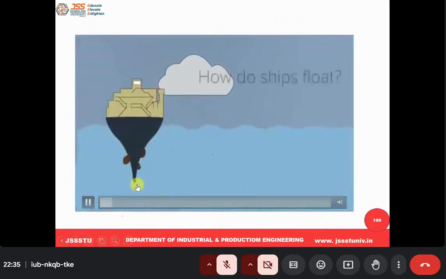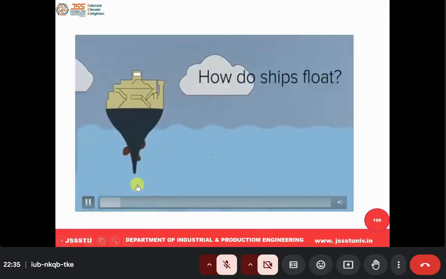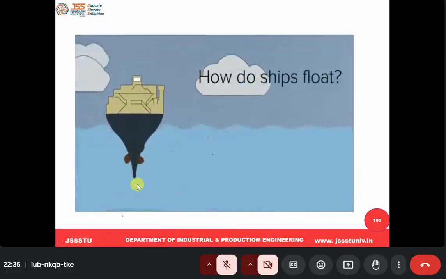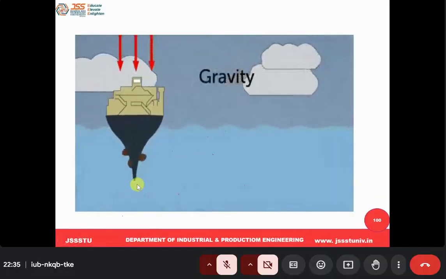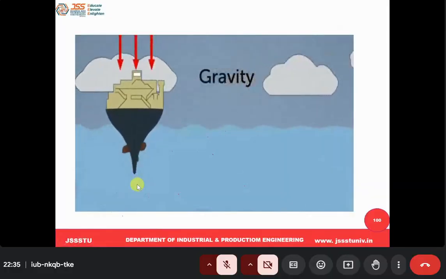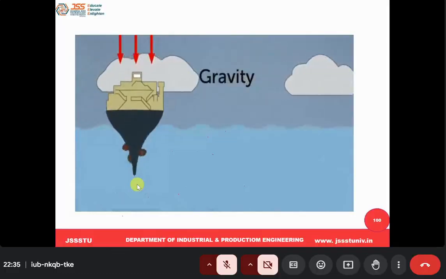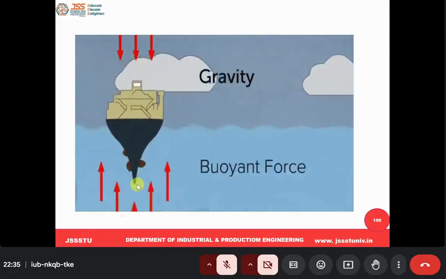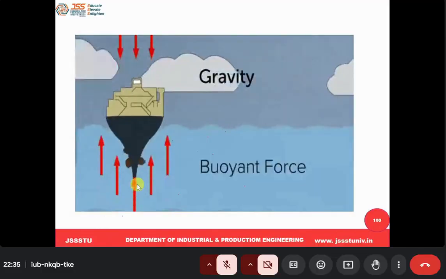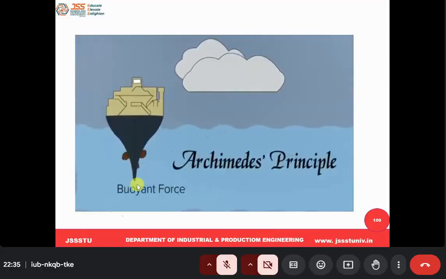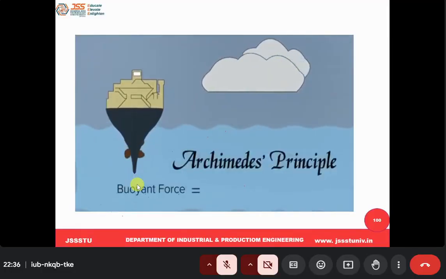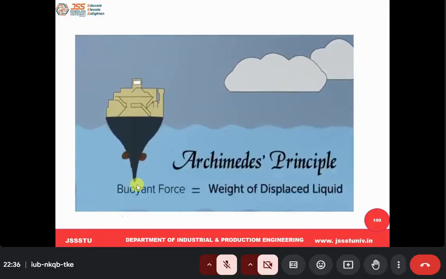Okay, you can see now. How can a ship that weighs a massive amount float in water while small things like pebbles sink? When a ship is in the ocean, gravity is a constant downward force on the ship. But the water that the ship is in has a constant upward force on the ship called buoyant force. Archimedes' principle is that the buoyant force of a fluid is equal to the weight of the displaced liquid.